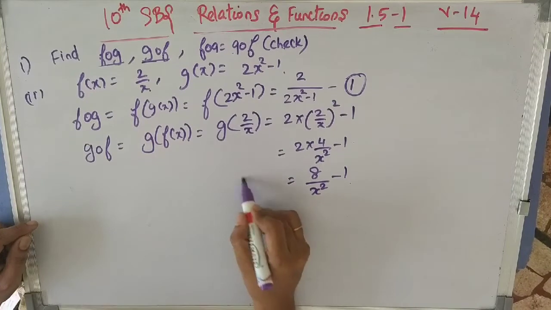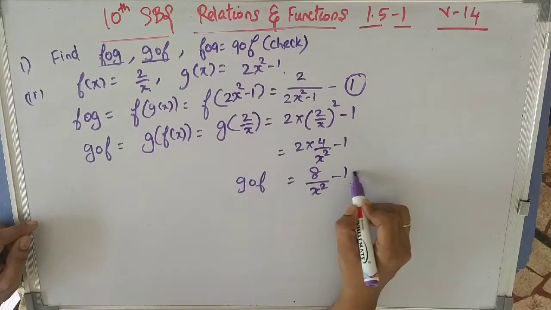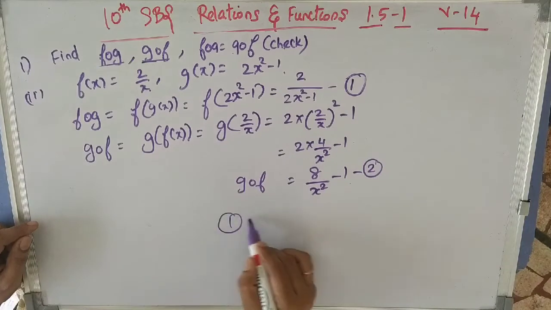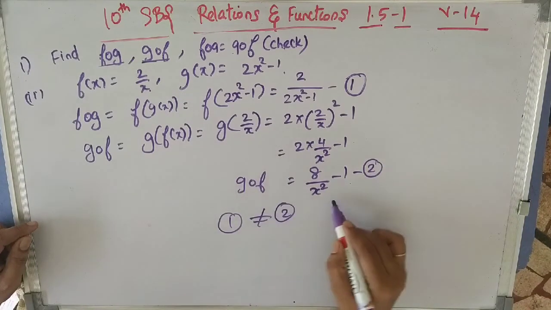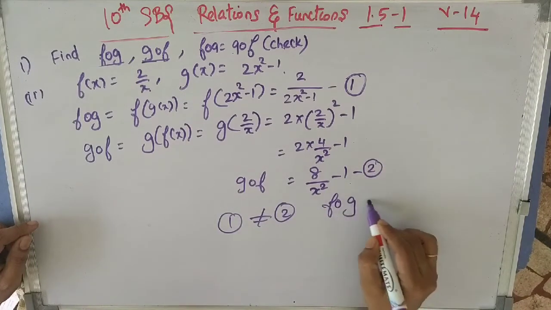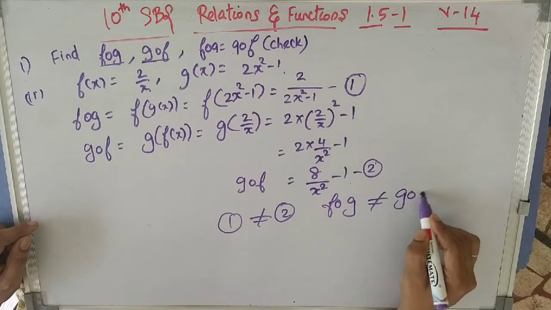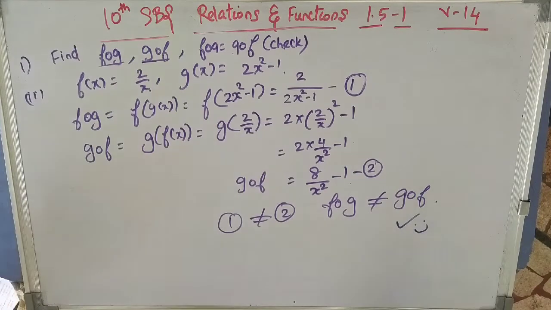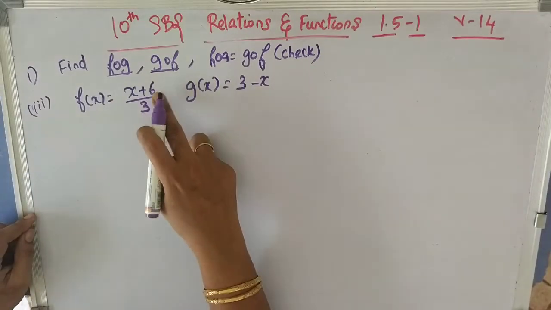This is g dot f. I am marking it as 2. Now comparing 1 and 2, it's clearly proved that 1 is not equal to 2. So f dot g is not equal to g dot f in this case.